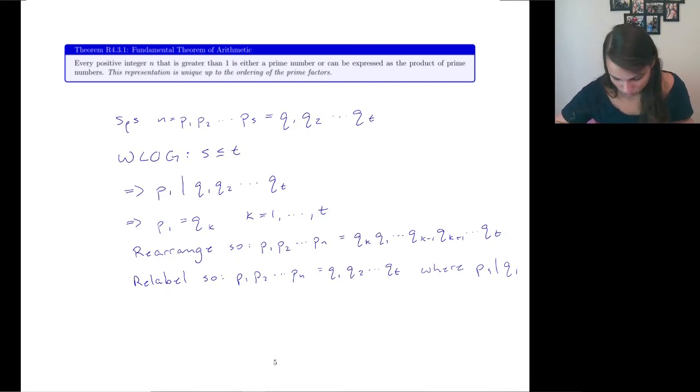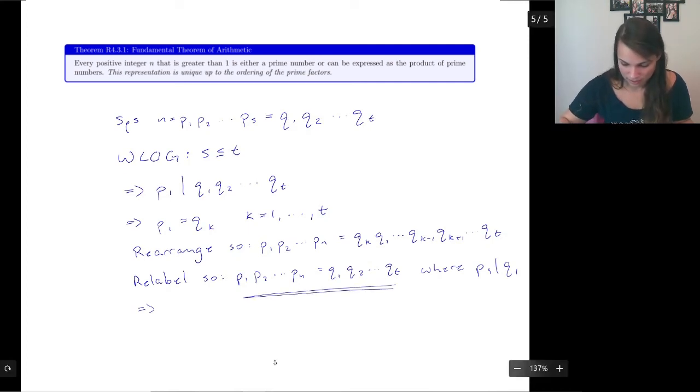Because now when we do this thing right here, we can cancel off, and now we can say that these guys are equal starting at 2.